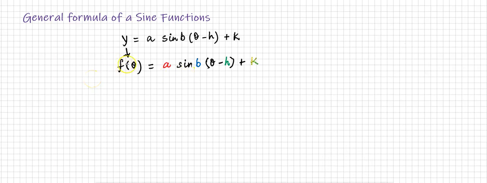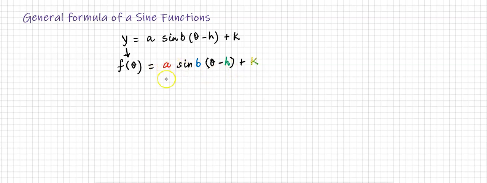As you can see now, I have chosen different colors to indicate the different variables in the general formula. Here a, what a actually means, we have seen in our previous videos. This a is a factor of this whole thing here, sine b theta minus h.